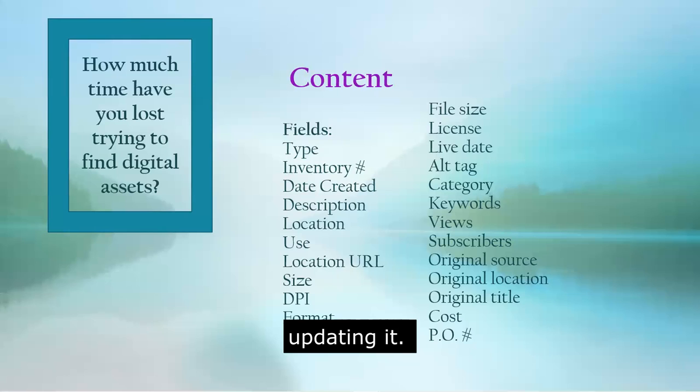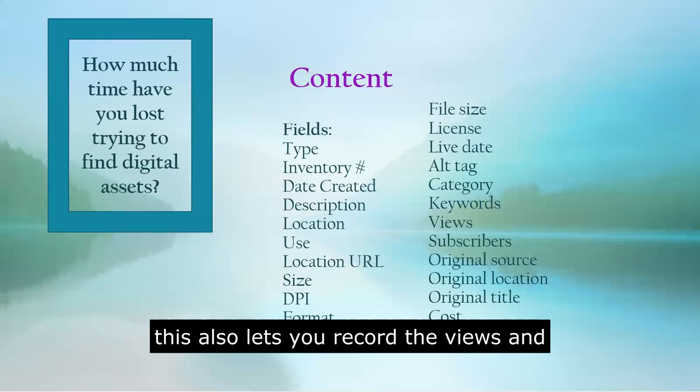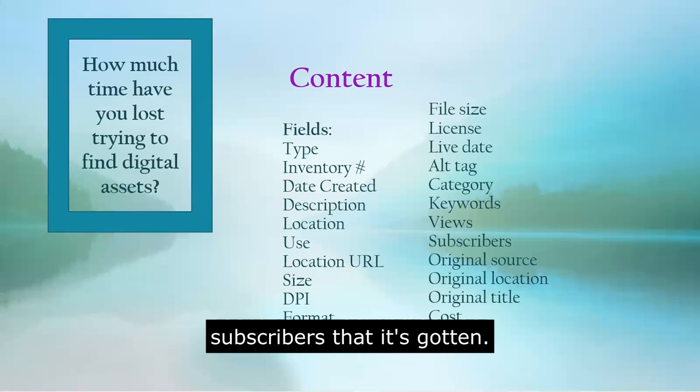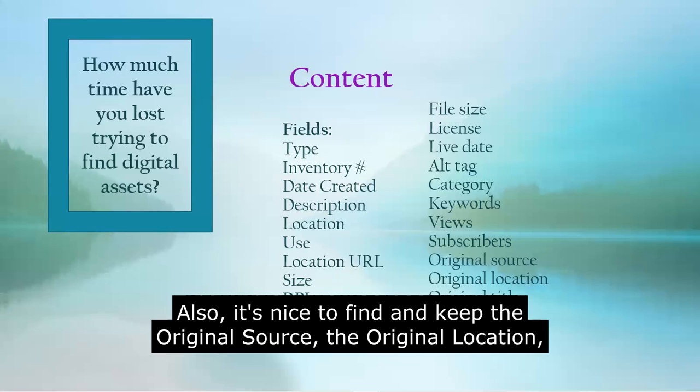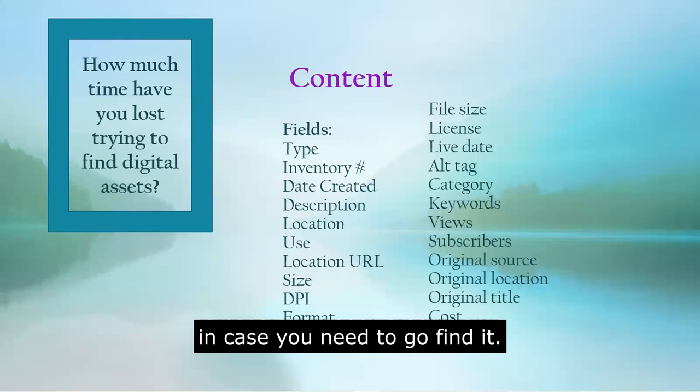When you also, if you're looking at where it's allowed on another site, if somebody's reviewed it on another site, this also lets you see a way where you've recorded the views or subscribers that it's gotten, so that you're aware and you can use that information. Also, it's nice to find and keep the original source, the original location, the original title, in case you need to go find it.